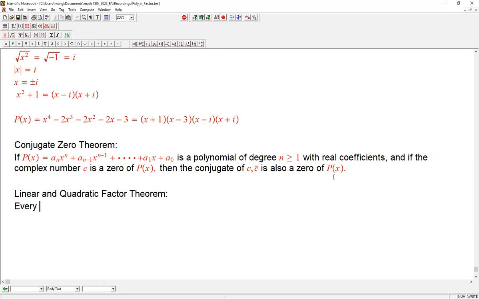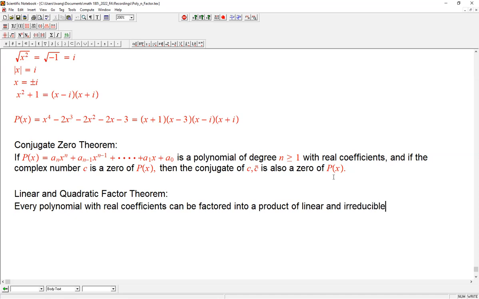It says every polynomial with real coefficients can be factored into a product of linear and irreducible quadratic factors with real coefficients.